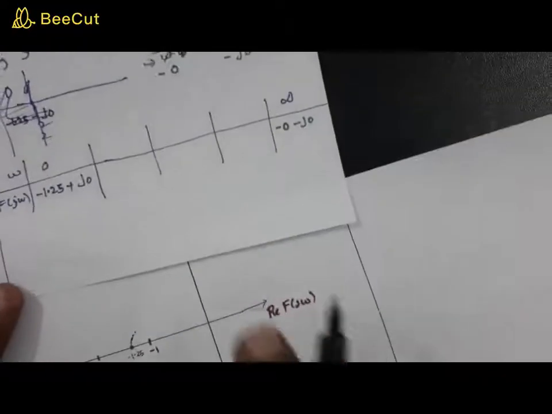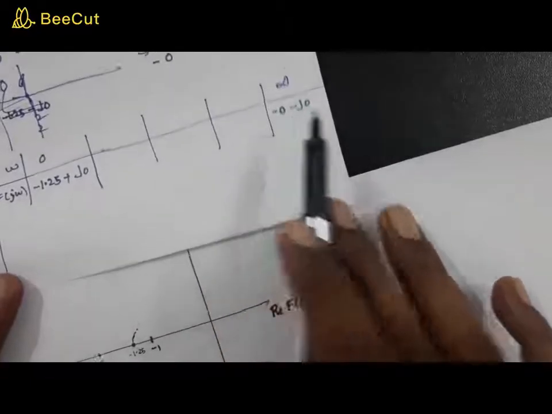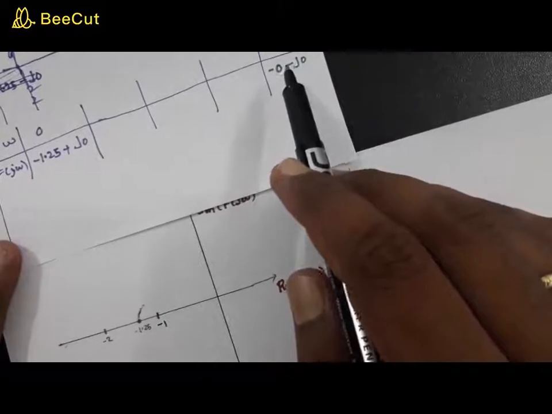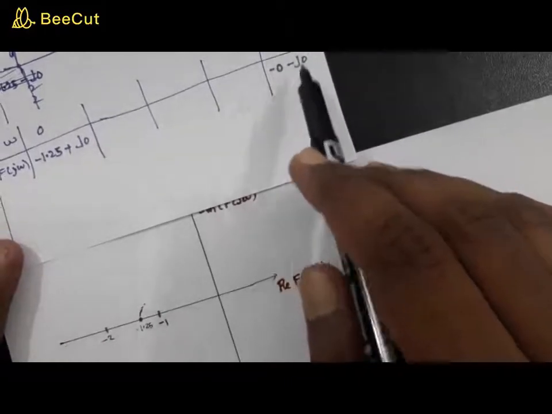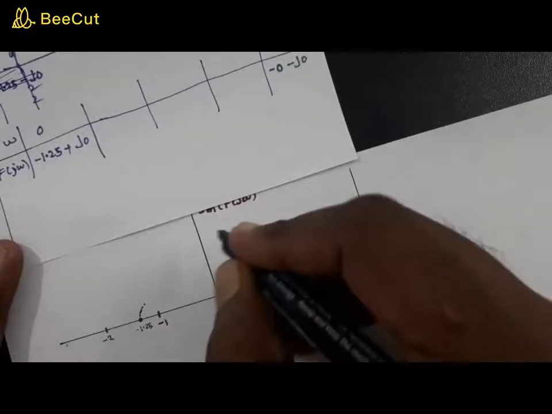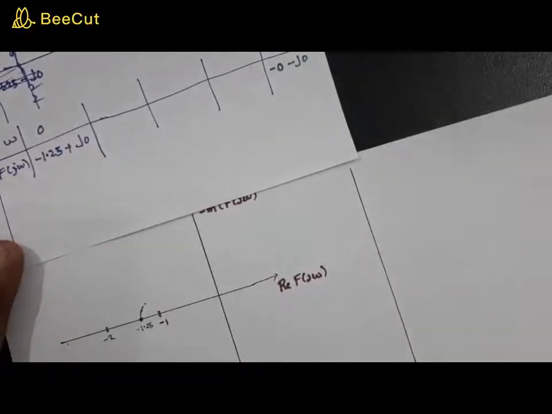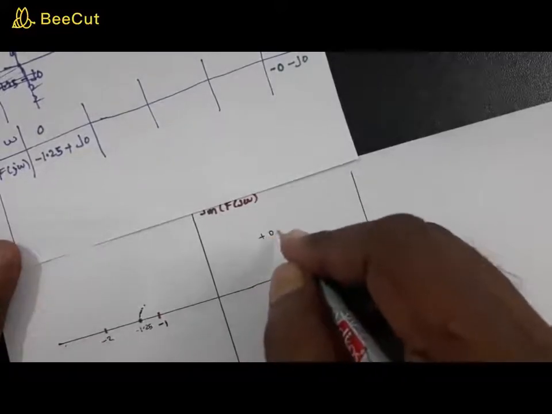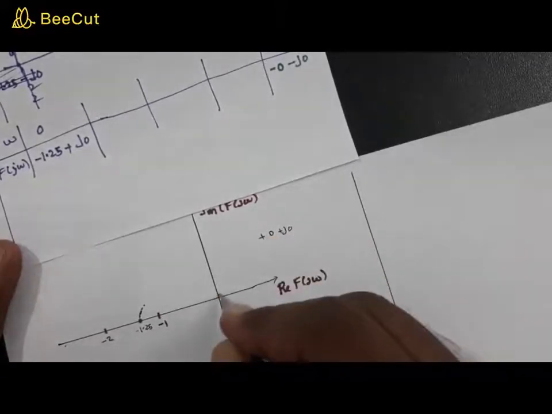Now coming to minus 0 minus j0. At infinity, it is minus 0 minus j0. Can you say in which quadrant it is? I'll just write it for you. If it would have been plus 0 plus j0, this is your quadrant.